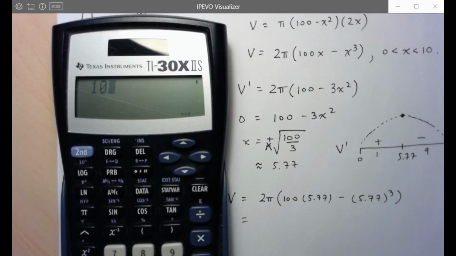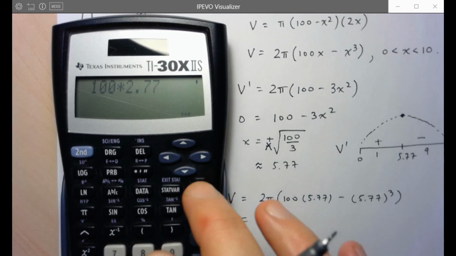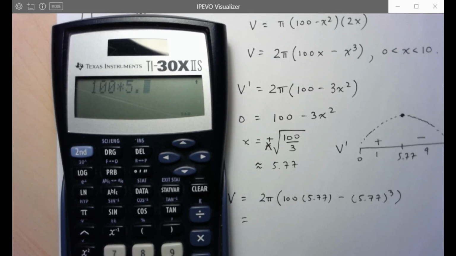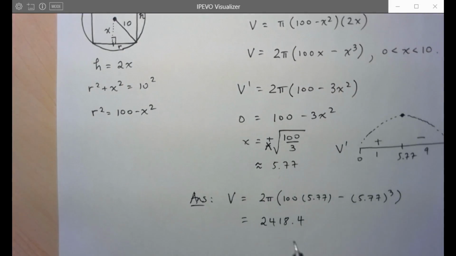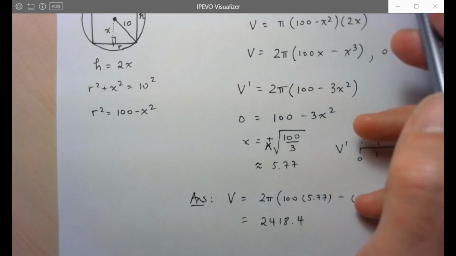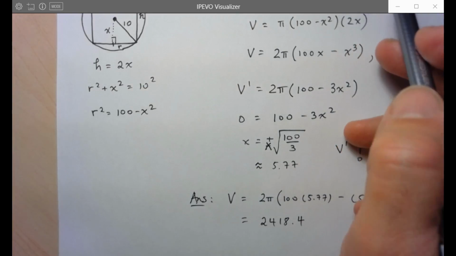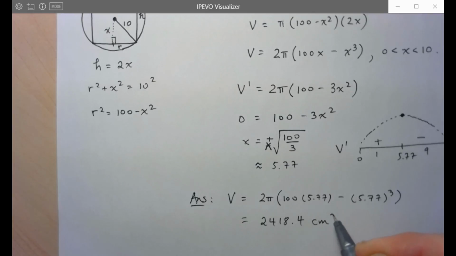We have 100 times 5.77, and then minus 5.77 cubed, and then multiplied by 2 and by pi, and we end up with 2418.4. So 2418.4. And since the dimensions were given in centimeters, this is just going to be centimeters cubed.